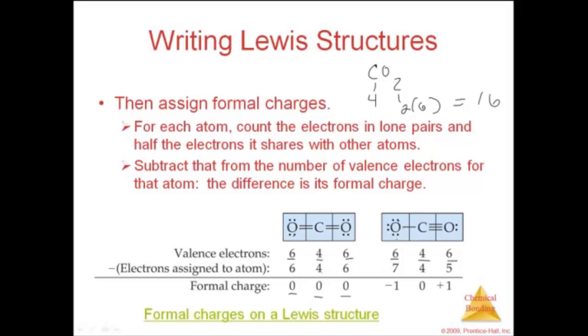The carbon has a 1, 2, 3, 4, which is okay, and the oxygen has 2, 3, 4, 5, which gives it a +1. Okay? So when we do that, the rule is if you have a structure where the formal charges are all 0, that's your preferred structure.